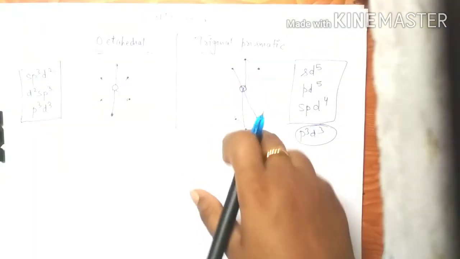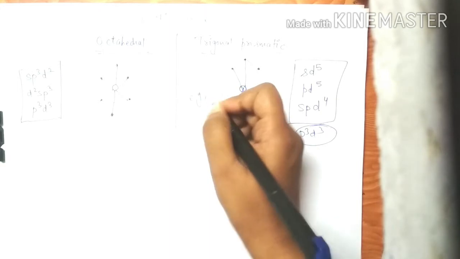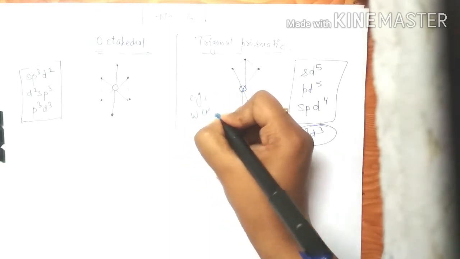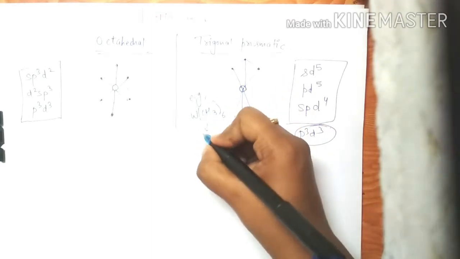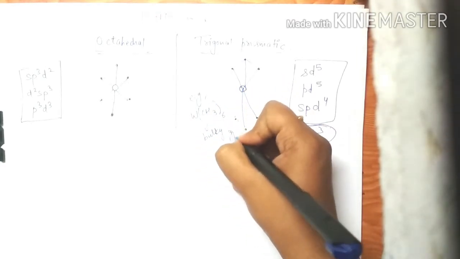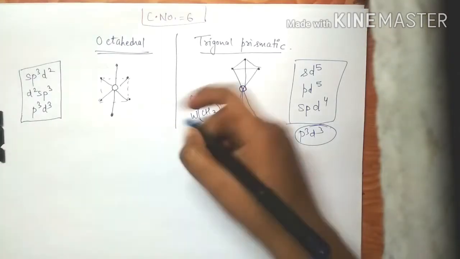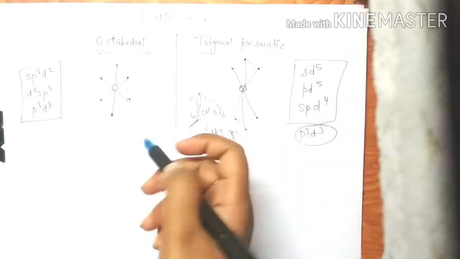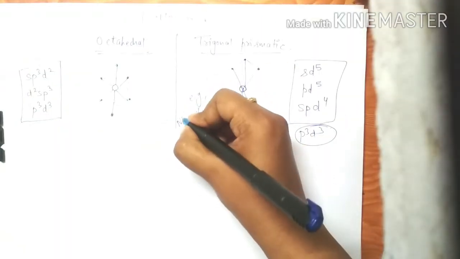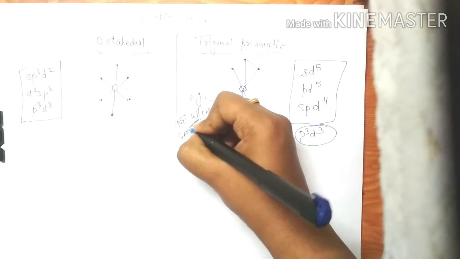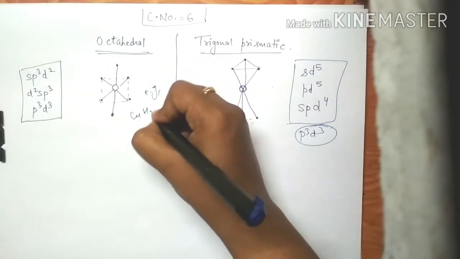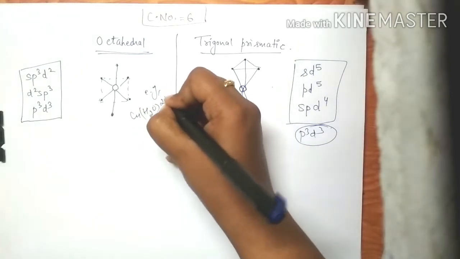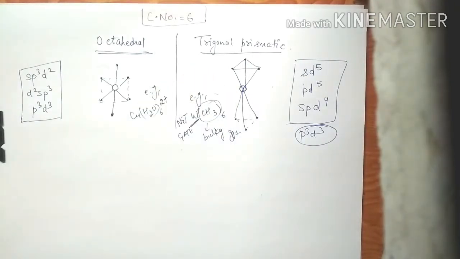An example of this type of geometry is W(CH3)6, because all the alkyl groups are considered bulky groups. If bulky groups are present with the central metal atom, then they will prefer trigonal prismatic geometry. This question was asked in NET and GATE also. Examples of octahedral are many, for example [Cu(H2O)6]2+, a very famous example.